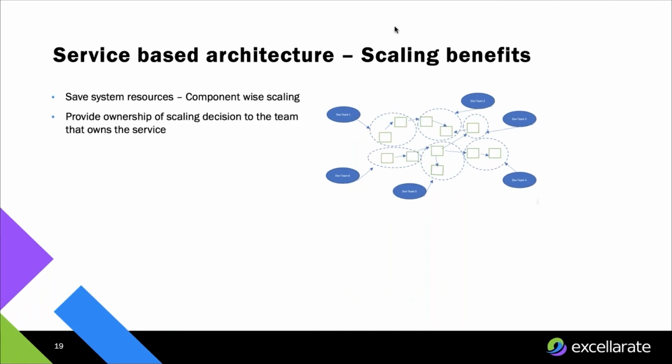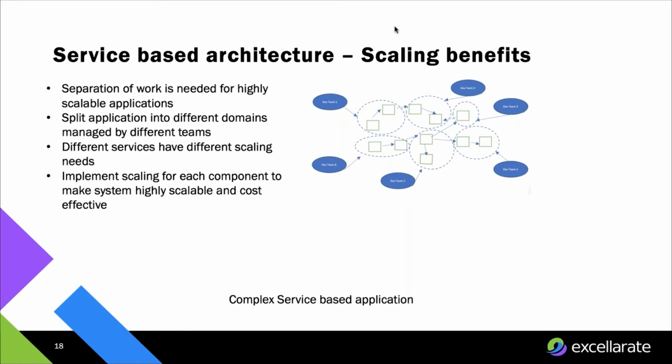Hey, Rohit, could you elaborate on the scaling for each component to make the system highly scalable? Right, that's a good question, Jill. As I mentioned, each component has different scaling. There could be some components that require very little user traffic, like a contact us page or support. They may not have huge traffic.